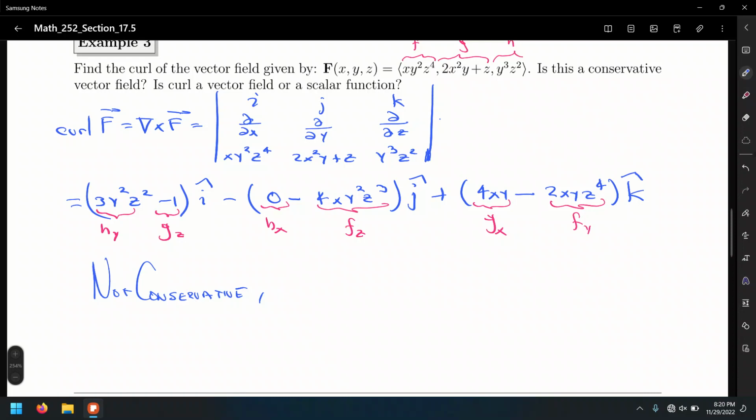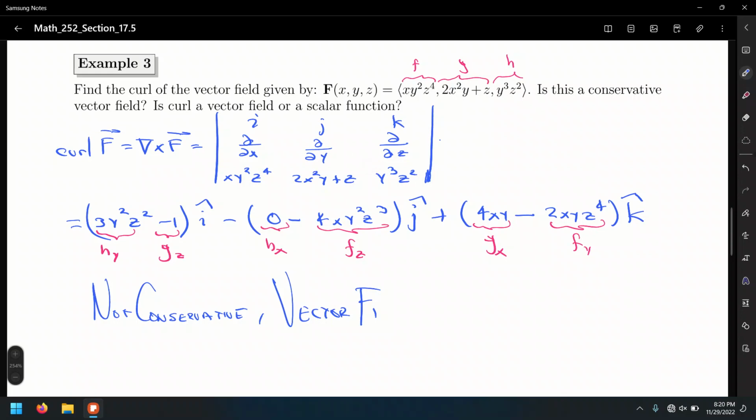Which one is it? Vector field, right? Aren't they always vector? Yeah, because in this case we have these i, j's, so it's a vector, because the cross product gives us another vector. In that sense, the curl is defined by a cross product. If we were asked the same questions about the divergence, well, in that case it's a scalar.